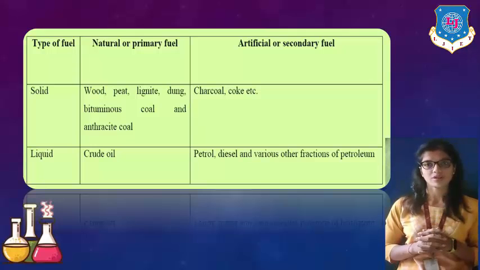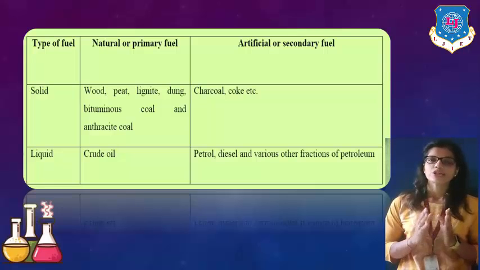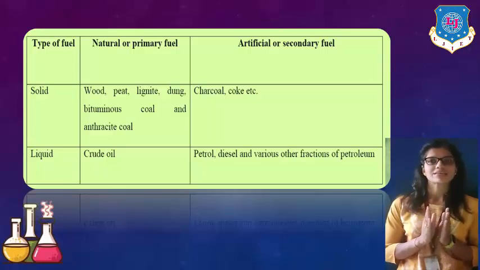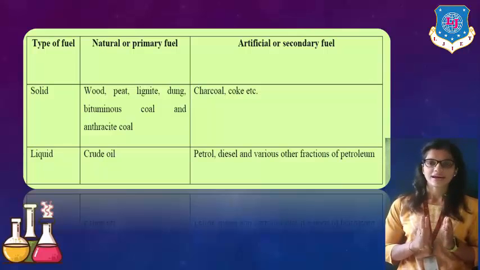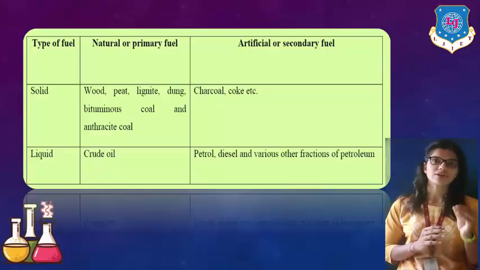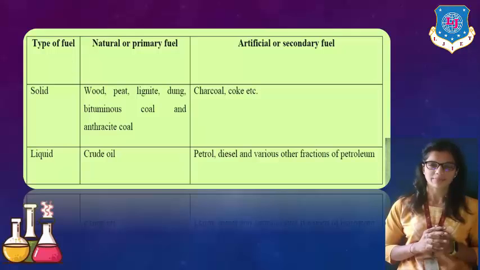First is types of fuel, second is natural or primary fuel, and third is artificial or secondary fuel. So type of fuel gives you the state. First state is solid. In solid, we can take examples of natural ones, which are wood, peat, lignite, cow dung, bituminous coal and anthracite coal. They are naturally available fuels. We need not manufacture them.